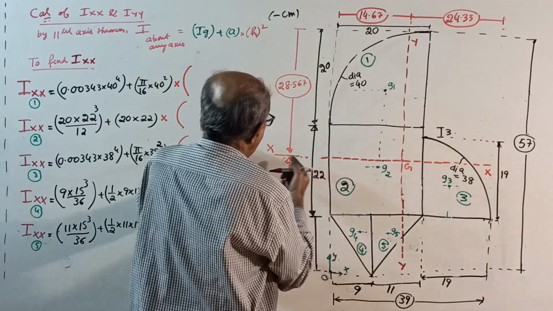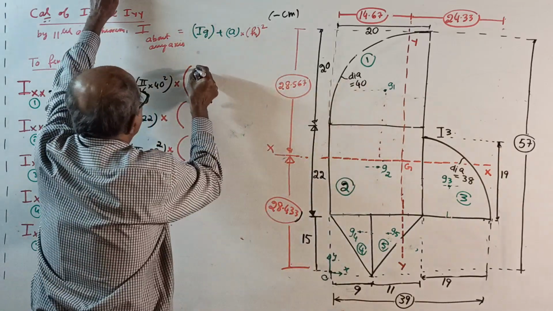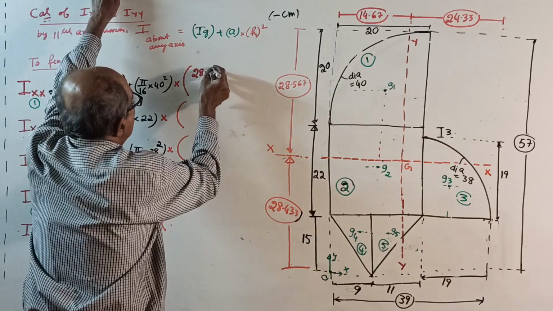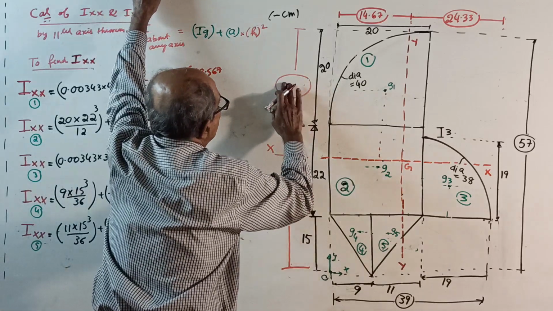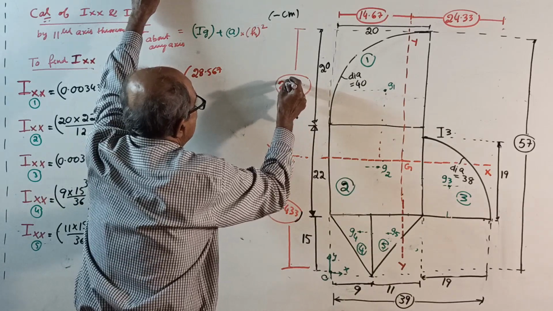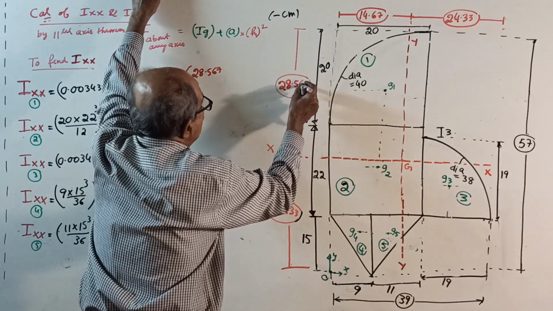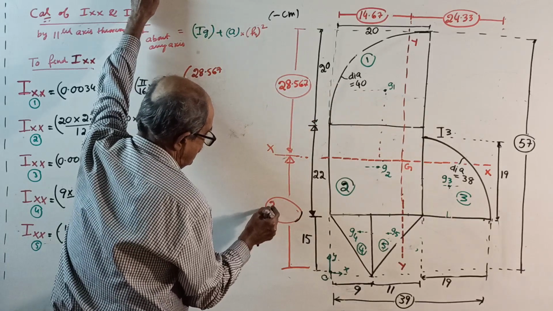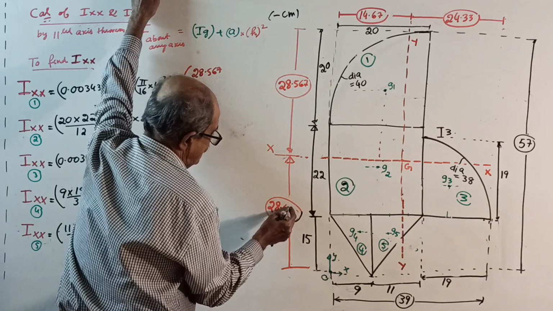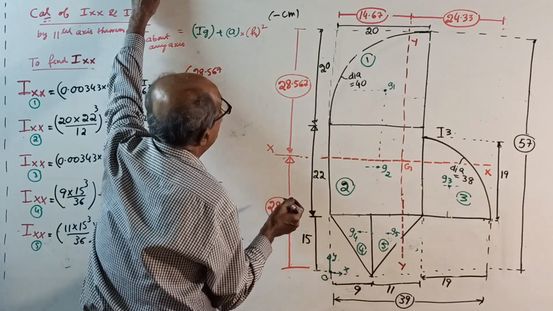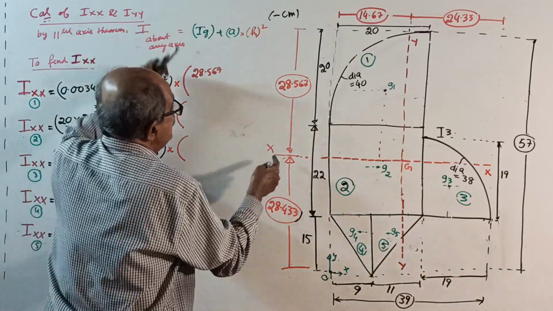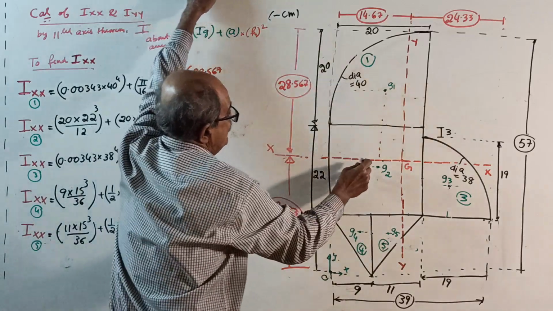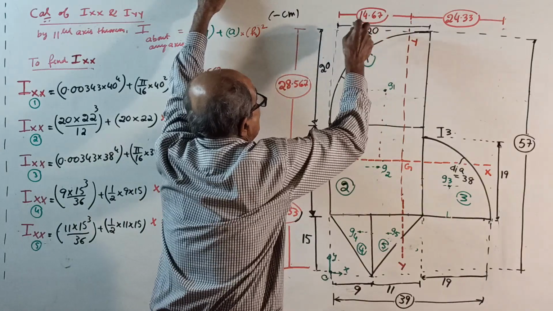This distance square is 28.567. That is not visible. I will make it visible now. See, I will make it dark. 28.567. This is 28.433. Okay, so 28.567 is this distance.